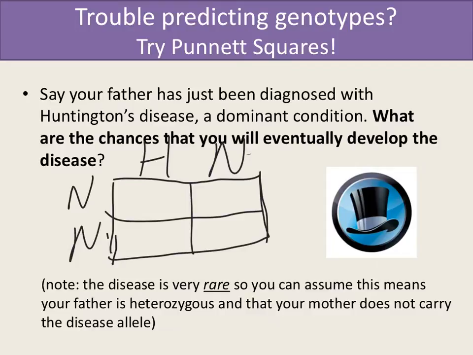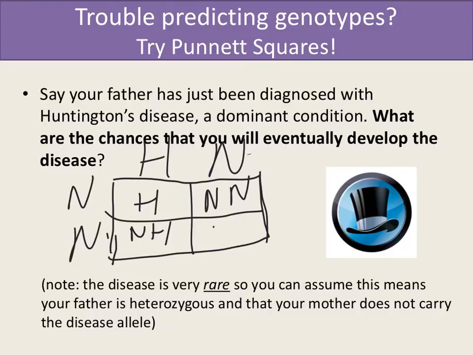So if you have normal plus Huntington's, it's a dominant trait, right? It shows up in the heterozygote as well as the homozygote. They've got Huntington's disease. And these are normals. And then same thing here, NH, got Huntington's.